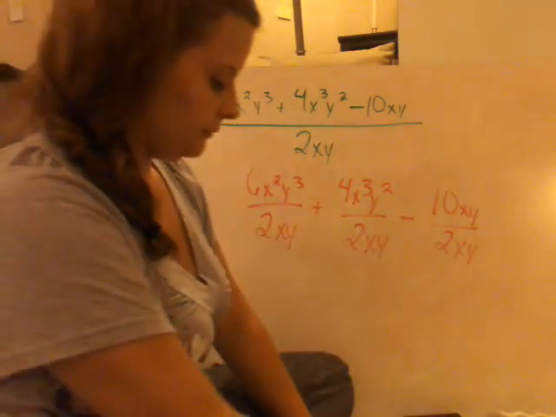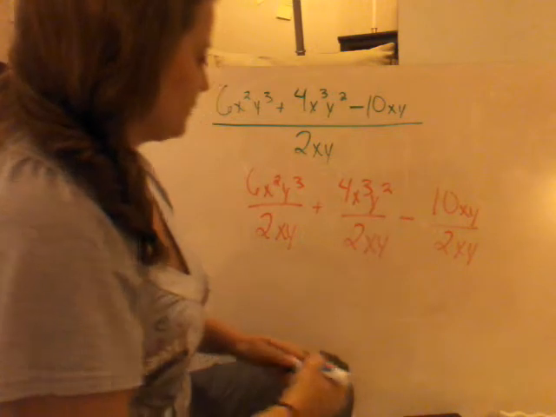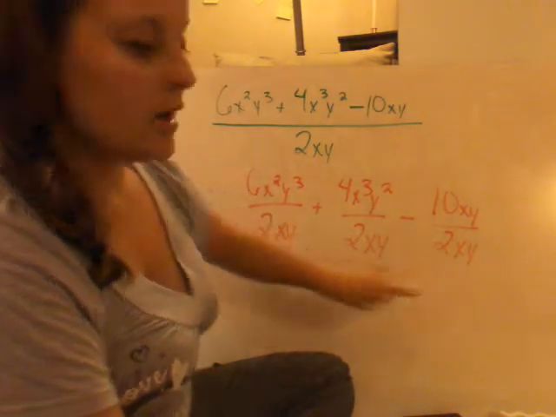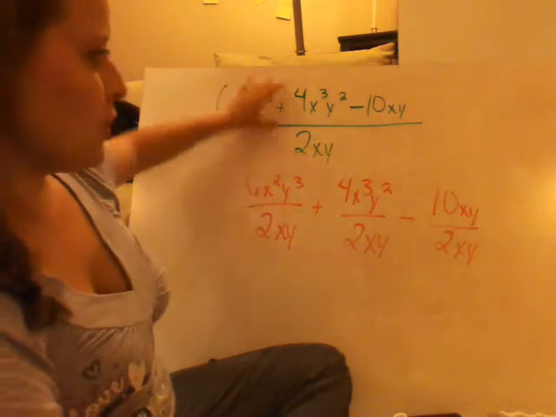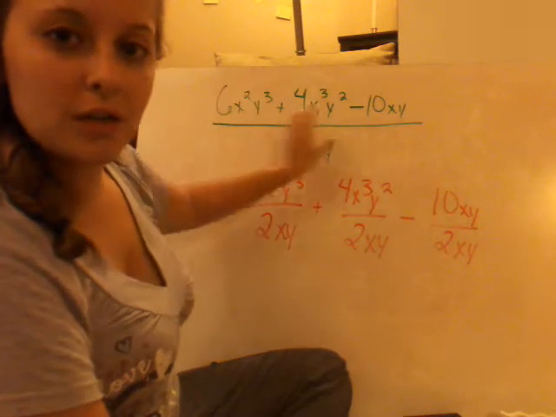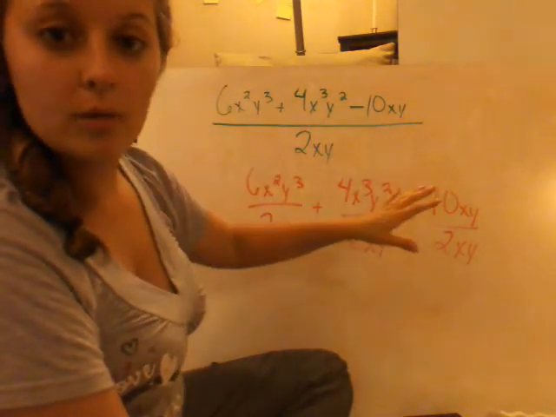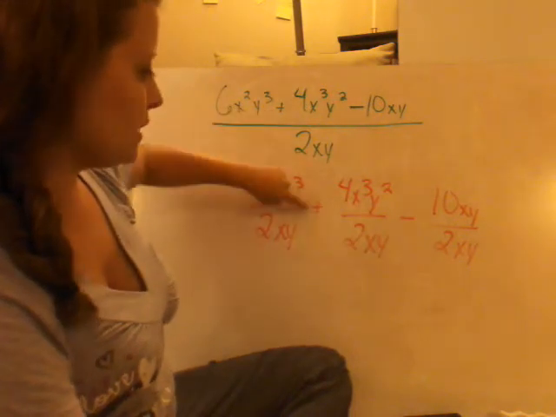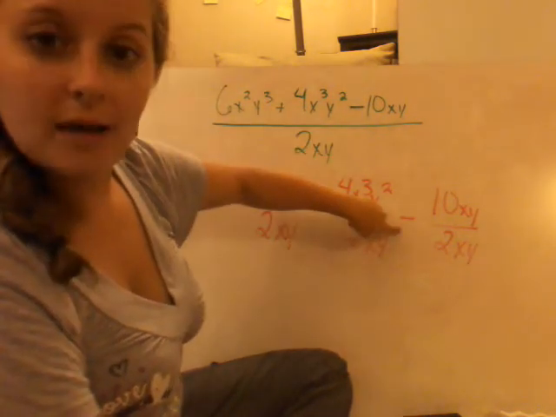Okay. Alright, so see the denominator never changed. And the numerator, I just took this apart. Because everything's over the same number, I can put it under each individual one and it's still the same problem, as long as I don't change any of the numbers or the signs. So again, I've got a plus here and a plus here, a minus here and a minus here.